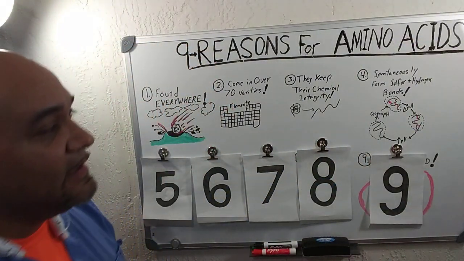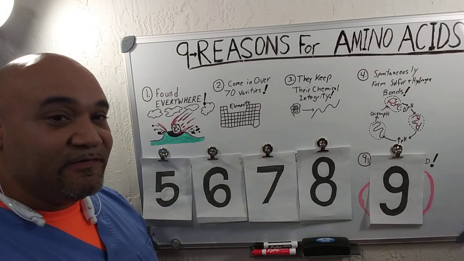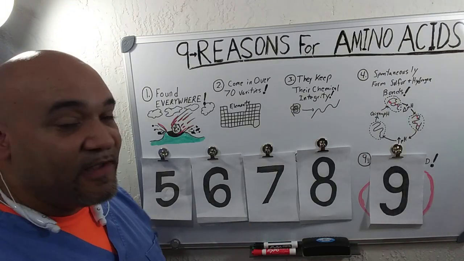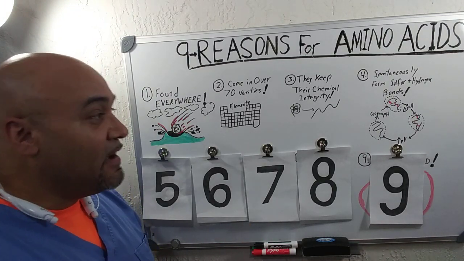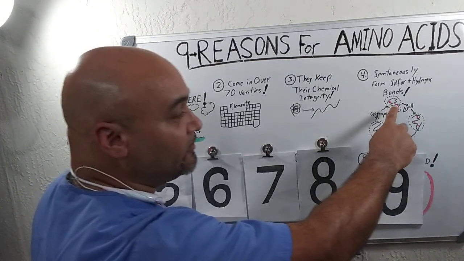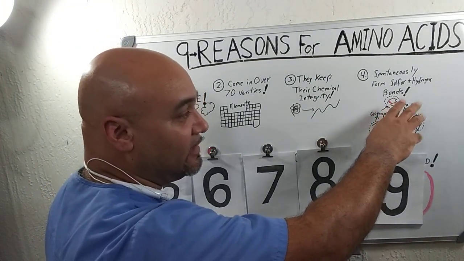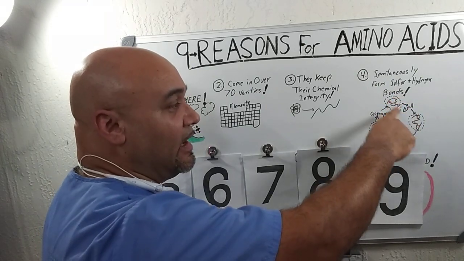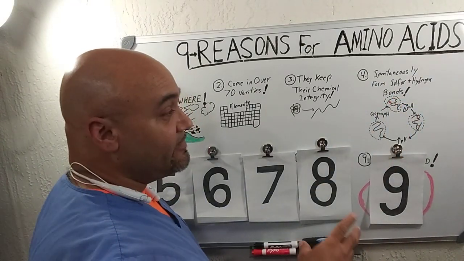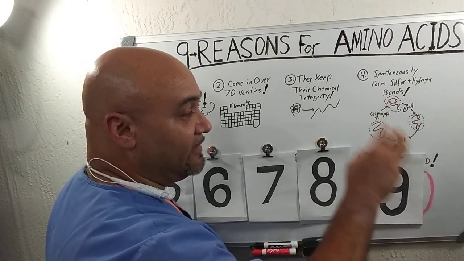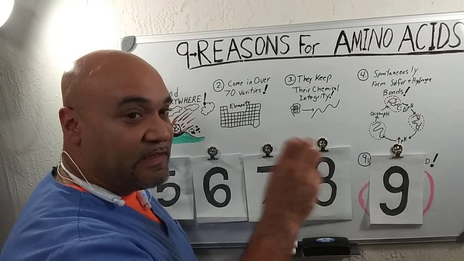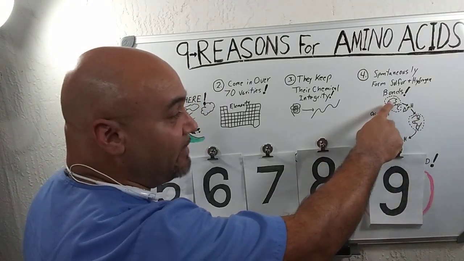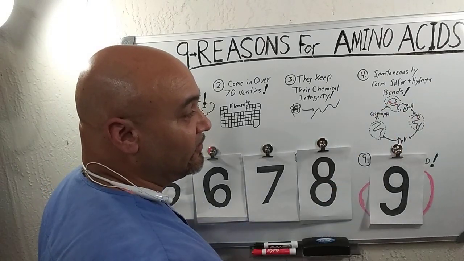Number 4, amino acids also spontaneously form sulfur bonds and hydrogen bonds. These bonds help the proteins, once they take their natural form, be more rigid and maintain their shape so they can keep their reactive centers. But these bonds form spontaneously in certain spots.